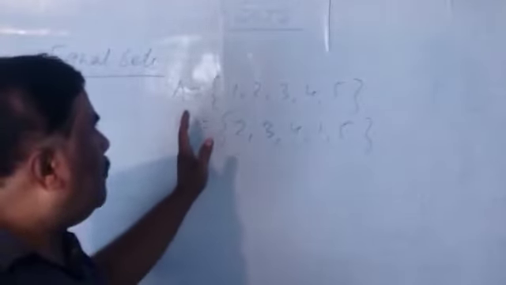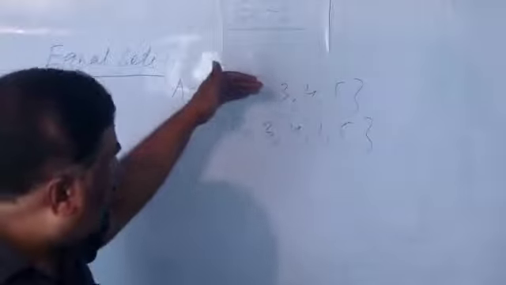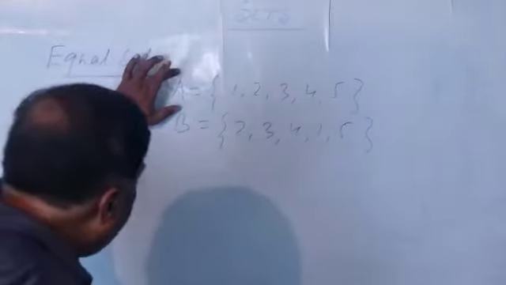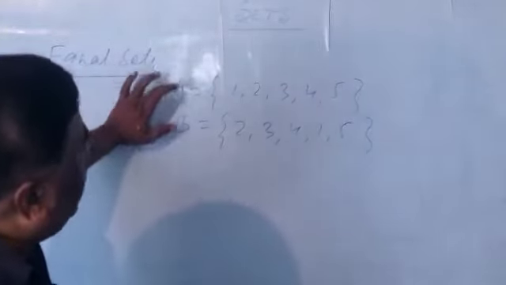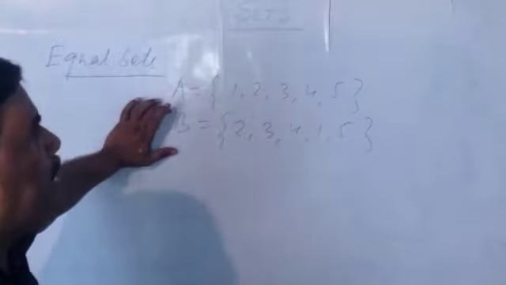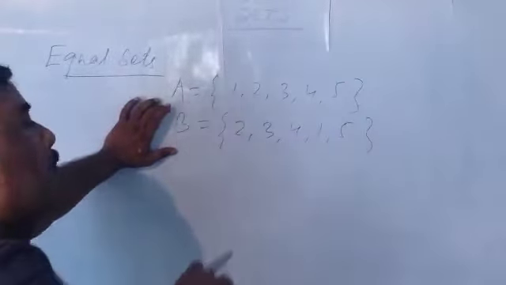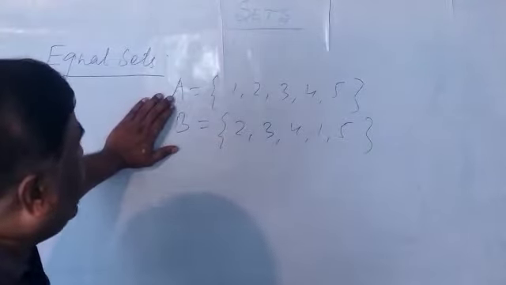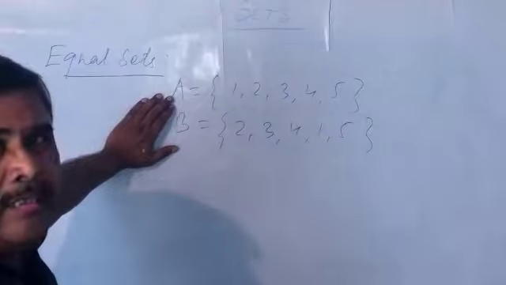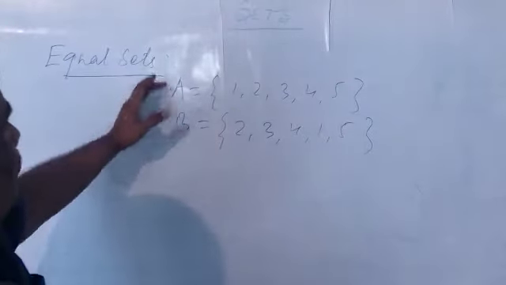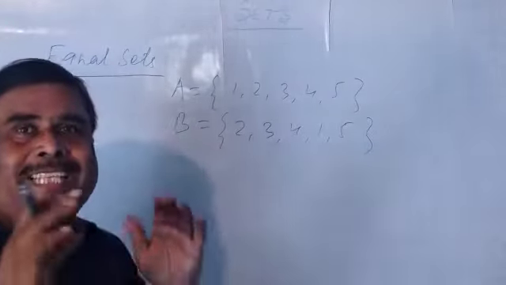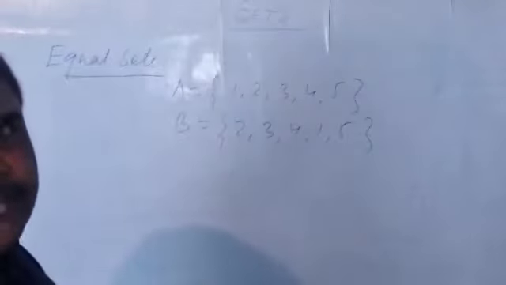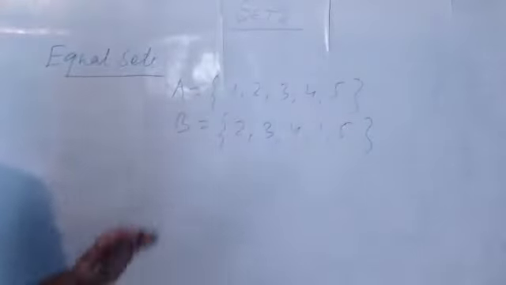Here we observe that A and B both have 5 elements, and every element of A is also an element of B, and every element of B is also an element of A. So clearly A and B are equal when both have exactly the same elements, right? So here the definition of equal sets is like this.